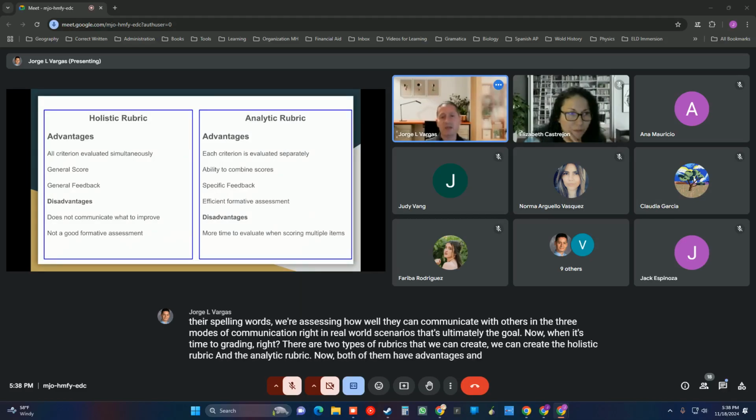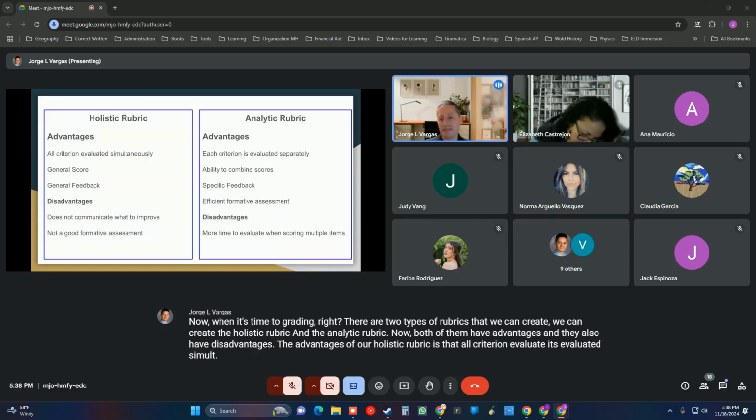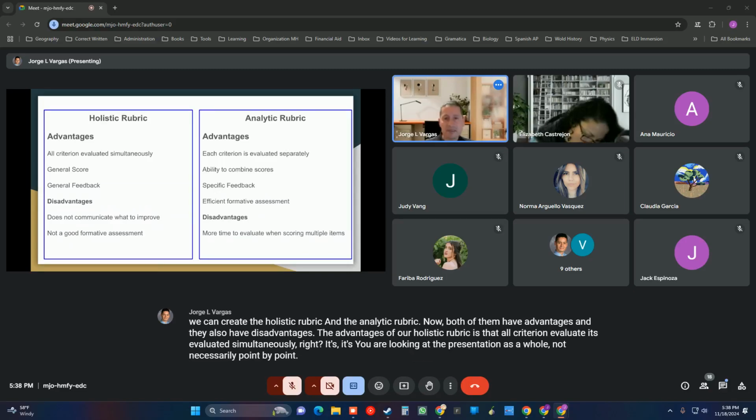Okay. On the other hand, the analytic rubric, the advantages are that each criterion is evaluated separately. So for that reason, you can provide very specific feedback, and it's an efficient formative assessment because you can provide that very specific feedback to students as well.